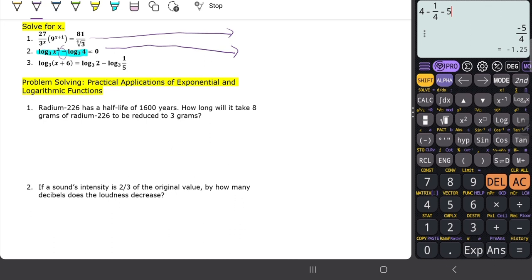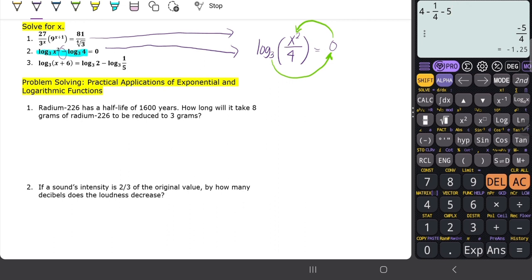Applying the quotient rule, this is log base 3 of x squared divided by 4. And that is equal to 0. Now, transforming this into its exponential form, we can say that 3 raised to 0 is equal to x squared over 4.